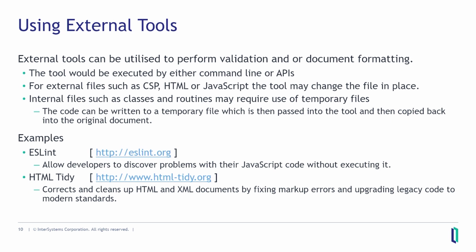It can be via command line or it can be via an API, and then read back in your results and replace the code on the way back in. Fairly straightforward. Some examples that you might want to do that with is, say, ESLint, which is a JavaScript parsing tool, and it'll tell you all the little things that it can identify. It'll tell you if you forget your semicolons, which I always do, and anything that it can figure out that might go wrong, it'll give you a shout about.